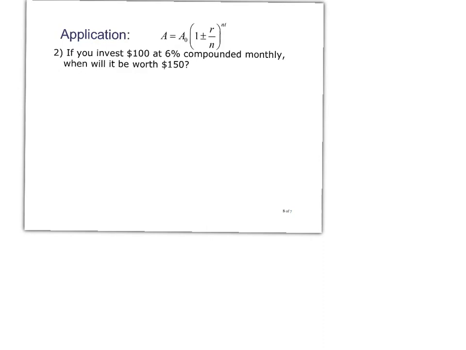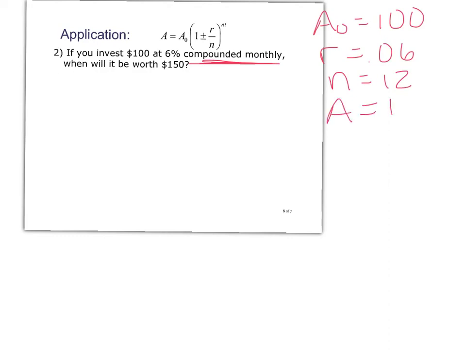Okay, so this problem says if you invest $100 at 6% compounded monthly, so we've got compounded monthly, when will it be worth $150? So if I'm going to go with this equation, and my A0 is going to be the 100, my R is 0.06, and my N is 12 because it's compounded monthly. T is what we're trying to find, so my A is 150.